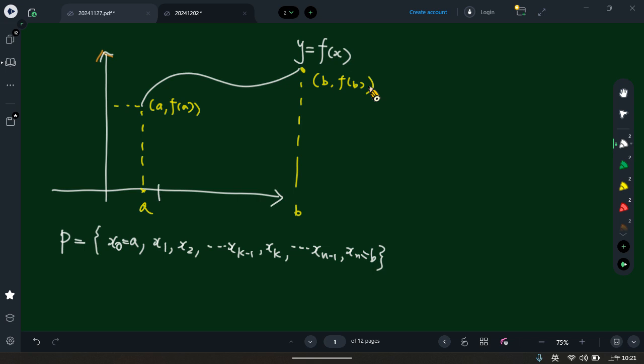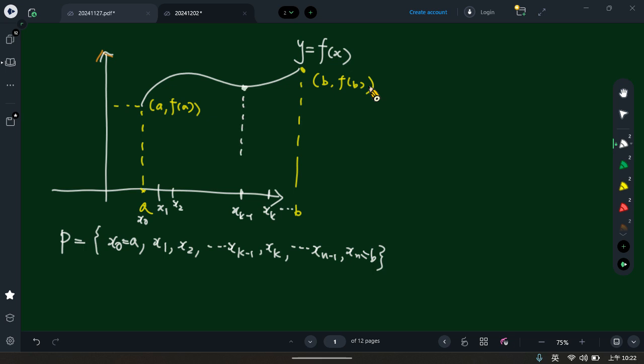So from S0, S1, and so on, some specific S(k-1) to Sk, right? Especially we focus on these two points.